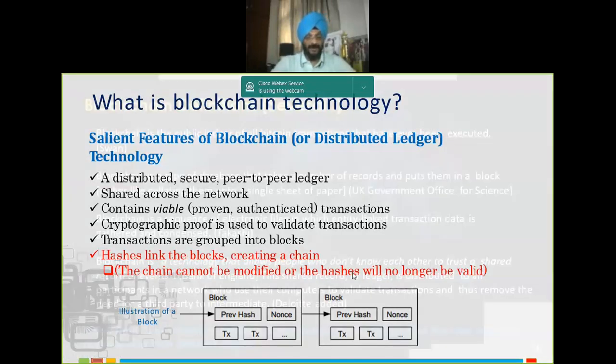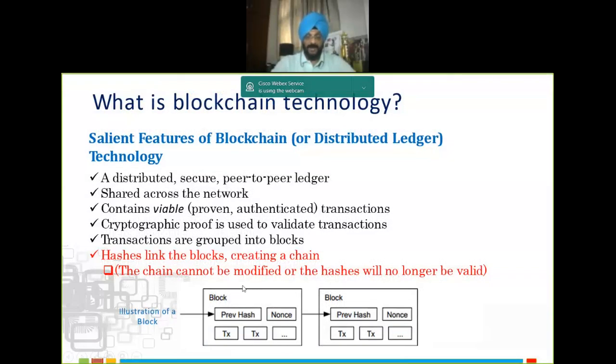Practically, what it does is that you have a block, and you have the hash code from the previous block. You have the hash. You have the nonce, the numbers which are there, and you have the transactions which get entered, and then n number of transactions in a particular block.